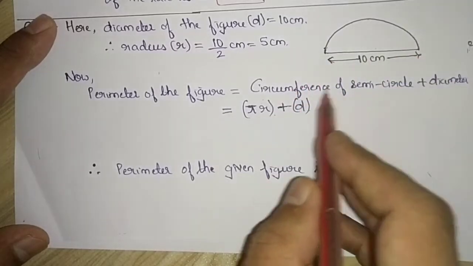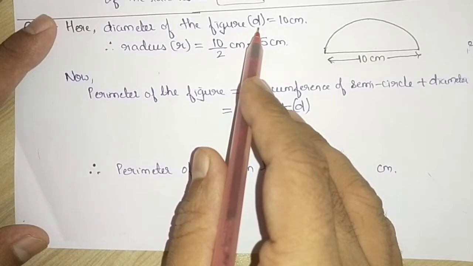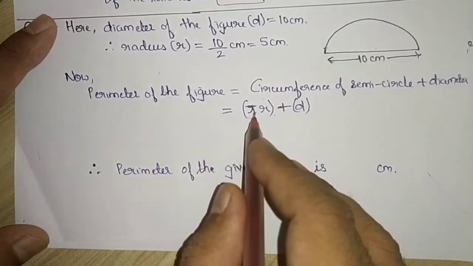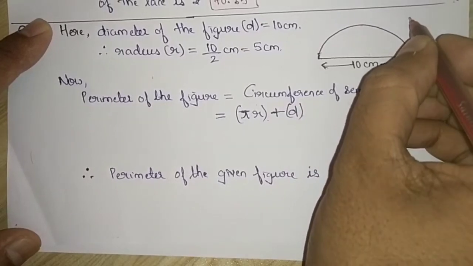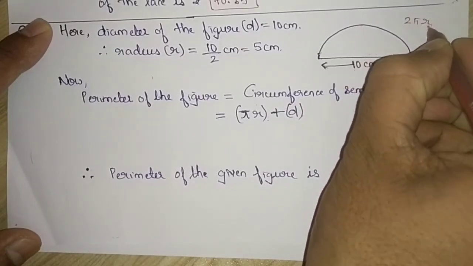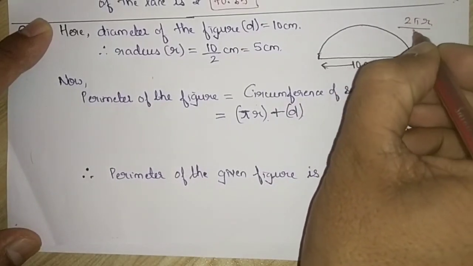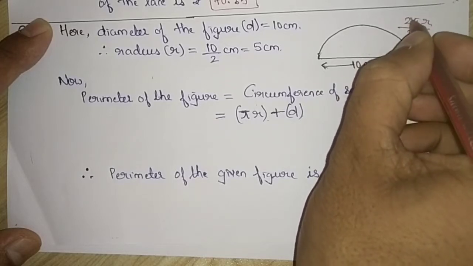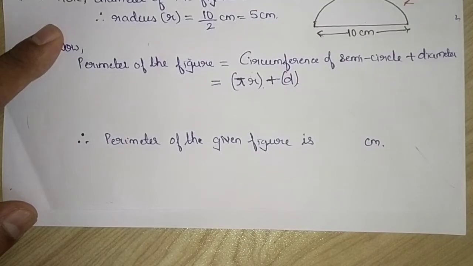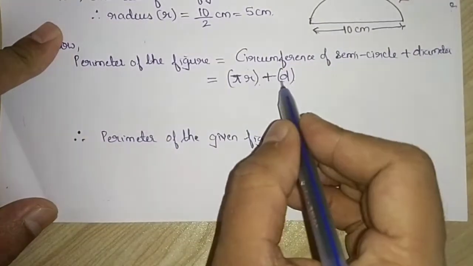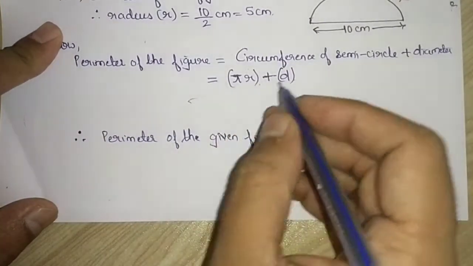We know the circumference of the circle is 2 pi r, and for the semicircle it will be divided by 2, so it will become pi r. Pi r plus diameter D.